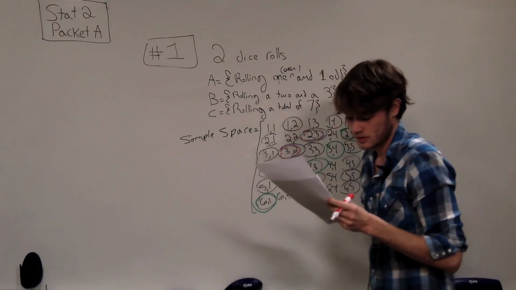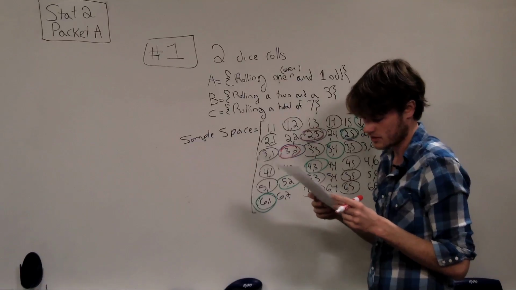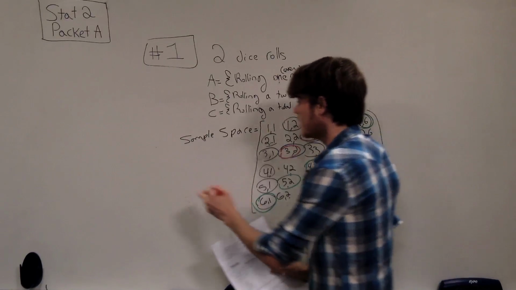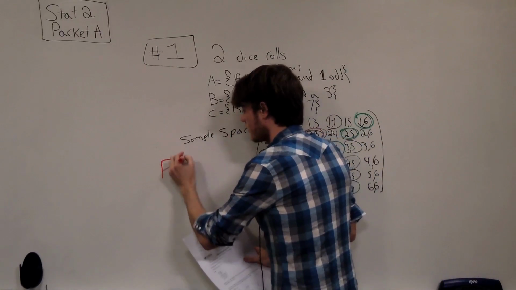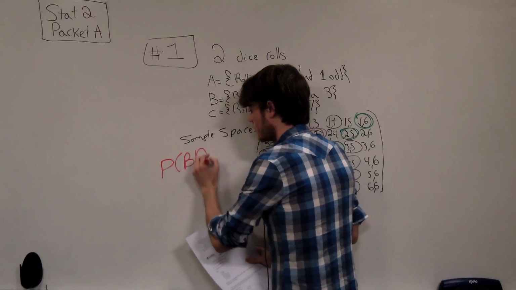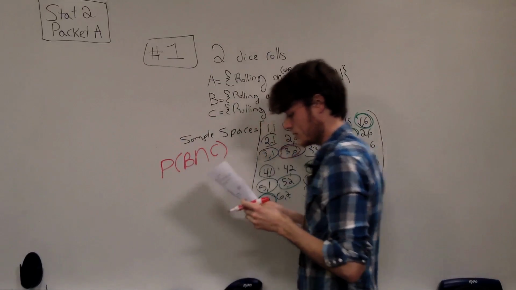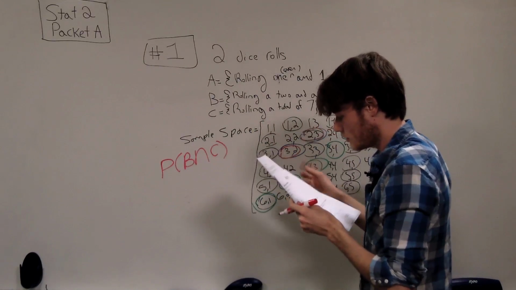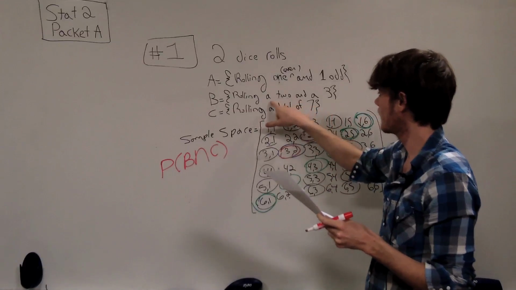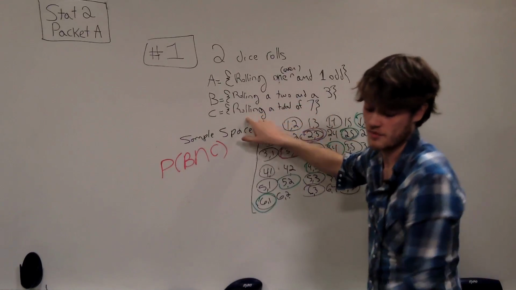Okay, part E. The probability of B and C. Let's see. What's the probability of getting a 2 and a 3 and rolling a total of a 7?